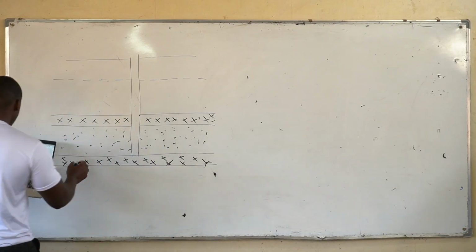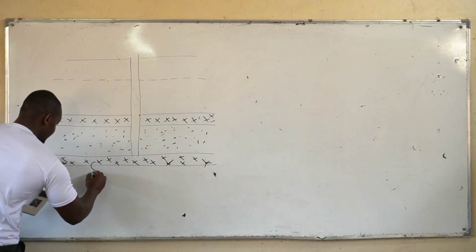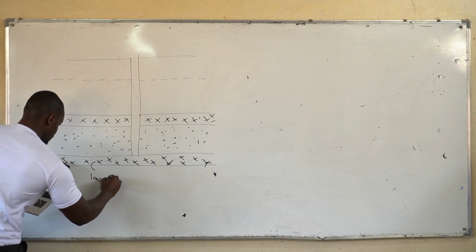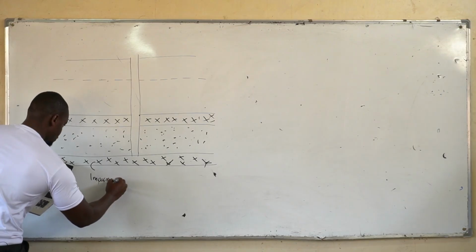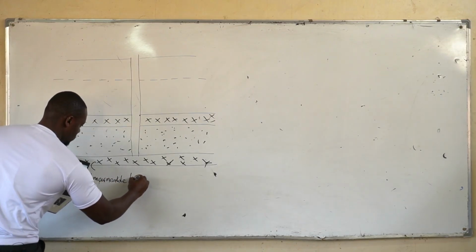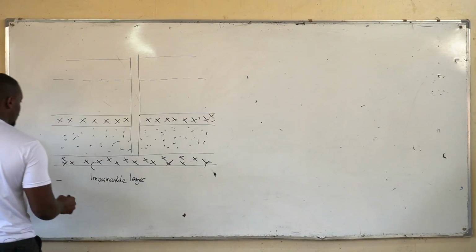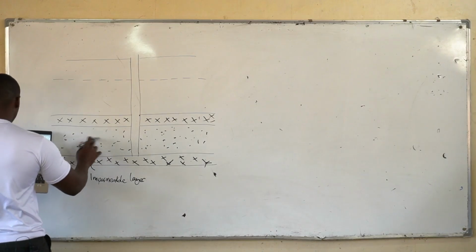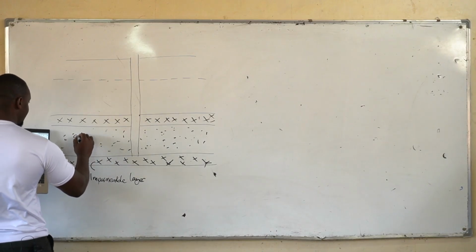So we can say this is an impermeable layer. So this and this are particularly just the same. And then we have our confined aquifer here.